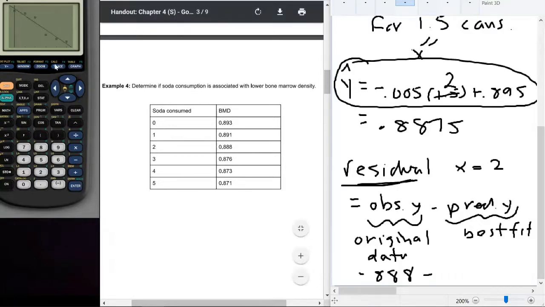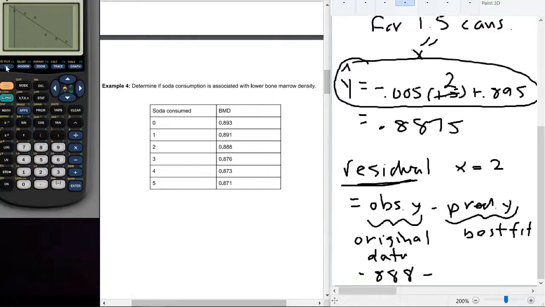Now, if you went through the trouble of putting the third variable, that Y1, into the calculator, so your best fit line is actually stored in the calculator, then you can get your predicted y from this. By going to second graph, this Y1 is your predicted y. I want to predict for 2 sodas consumed, and according to the calculator, my best fit line says for 2 sodas consumed, we're predicting 0.88451.